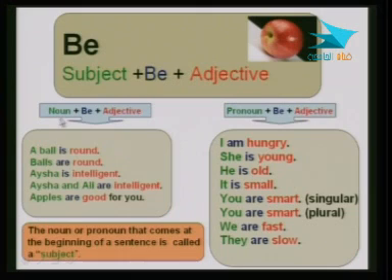We have this form and this form. Noun, be, adjective; pronoun, be, adjective. The adjective comes after the verb be. And the form of the verb be changes with the number of the subject and the kind of subject that we have. Singular or plural. Okay?